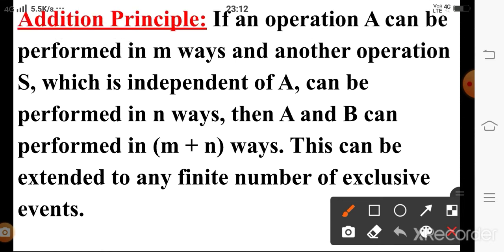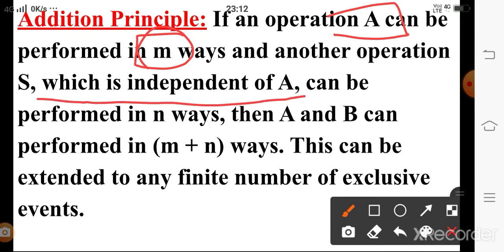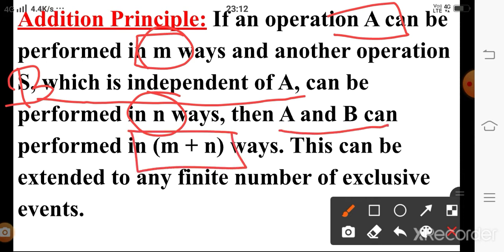Similarly, the addition principle is: if an operation A can be performed in m ways and another operation B, which is independent of A, can be performed in n ways, then A or B can be performed in m plus n ways.